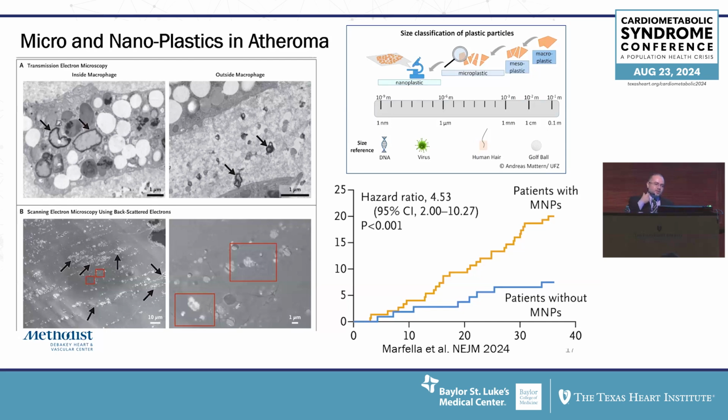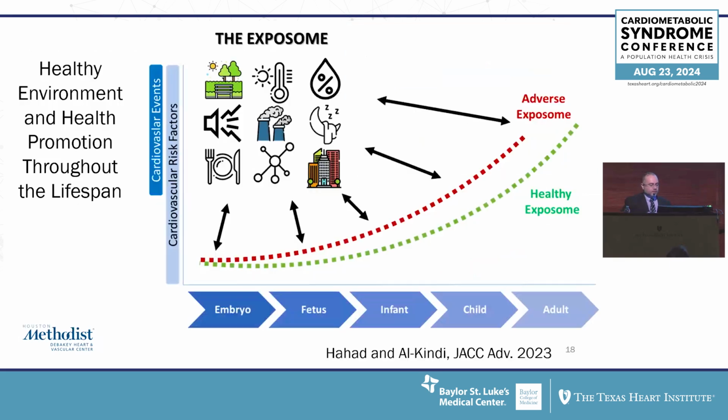We find them in plaques that can contribute to risk of heart disease and stroke. So more to come about this, but this is something that is really alarming because of the wide availability of plastics. And in this cohort, about 50% of the patients had detectable microplastics in their atheroma.